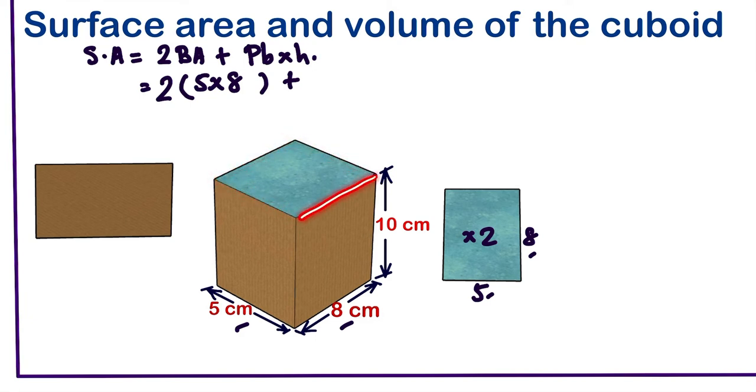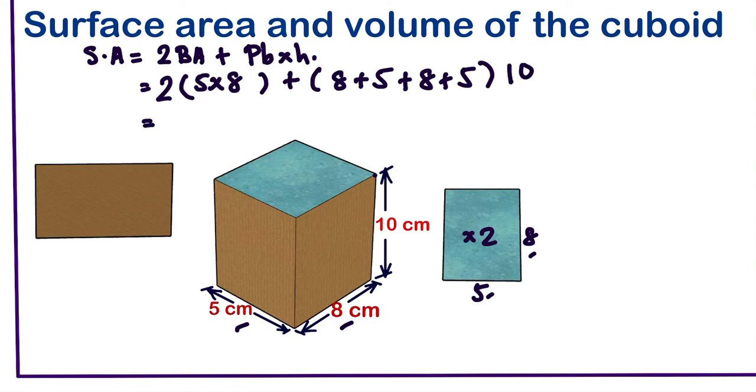So we are going to have 8 plus 5 plus 8 plus 5, close, times the height. The height of this cuboid is 10, times 10.